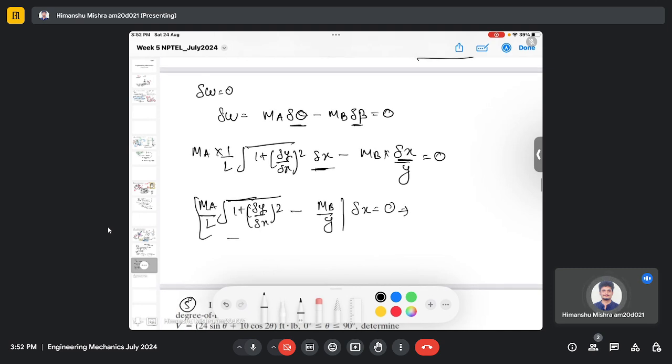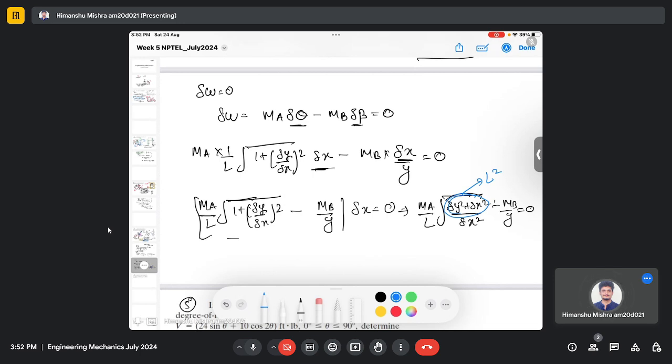So if you simplify this, you will have ma divided by L, here you have the square root of del y square plus del x square, and this is mb by y equals 0. You can see this term in the blue color is actually L square.